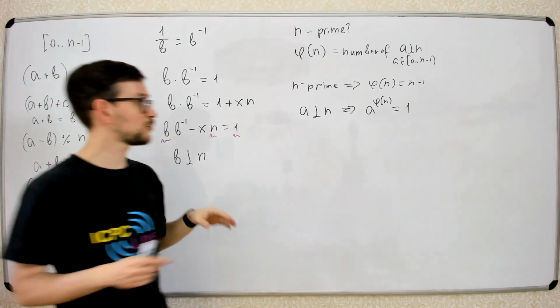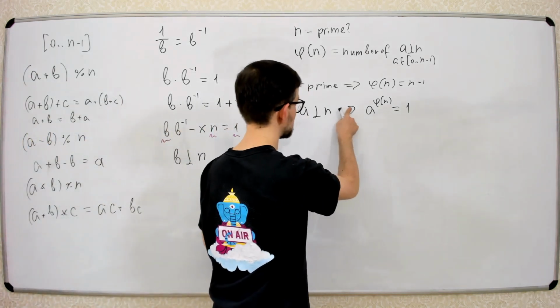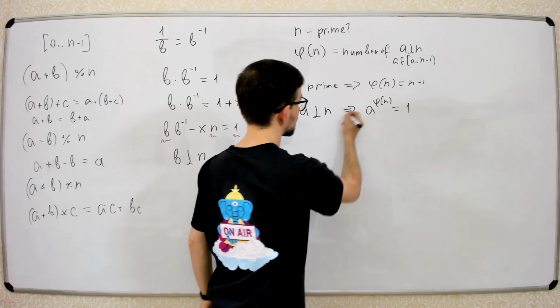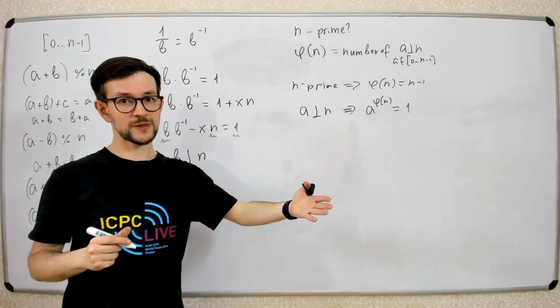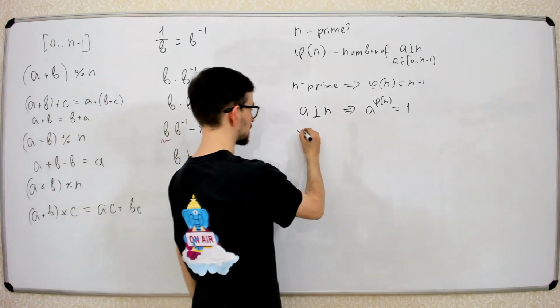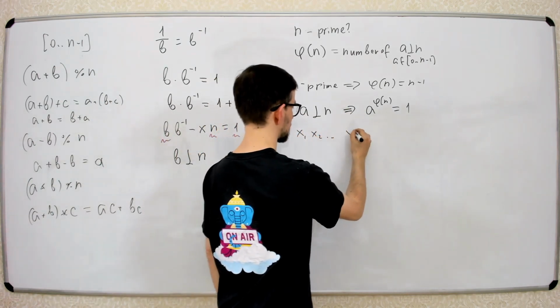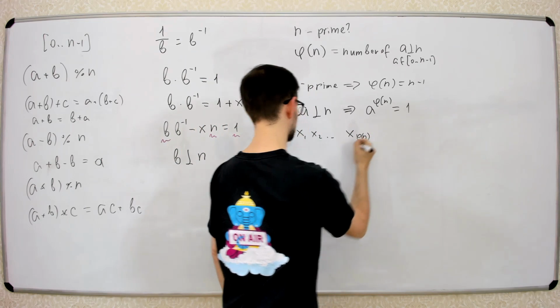It's easy. I will not prove any hard theorems, but this theorem is really simple. How can we prove it? Let's take all possible coprime numbers. So let's take numbers x1, x2, and so on, x phi of n.